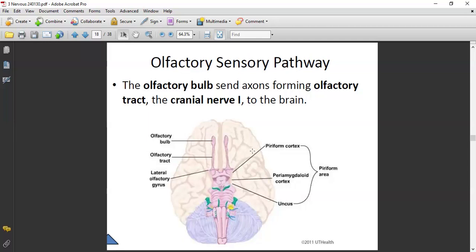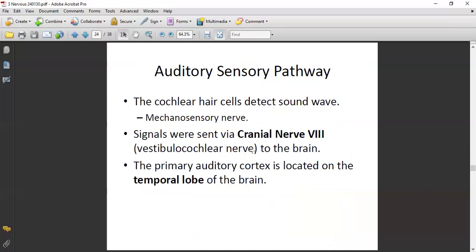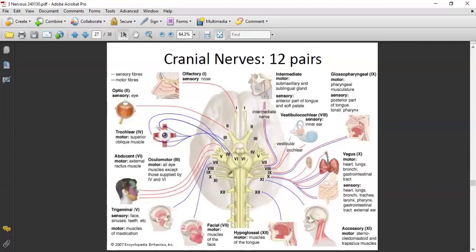Later, we will learn about the different cranial nerves. I will just show you this one very quickly to give you a concept that our brain has 12 pairs of cranial nerves. Cranial nerve 1 is the olfactory tract, the sensory neurons for the olfactory nervous system.